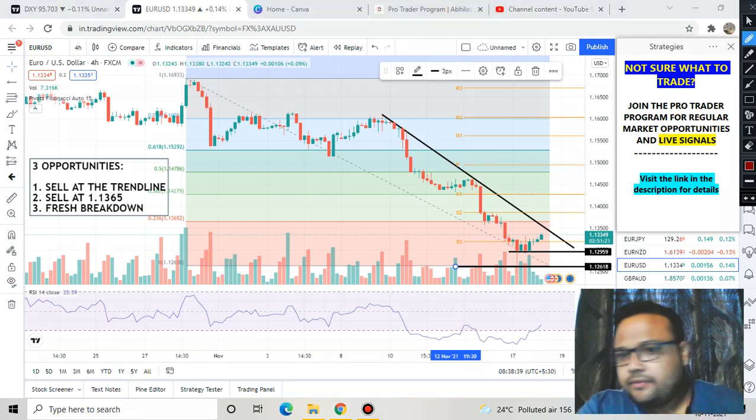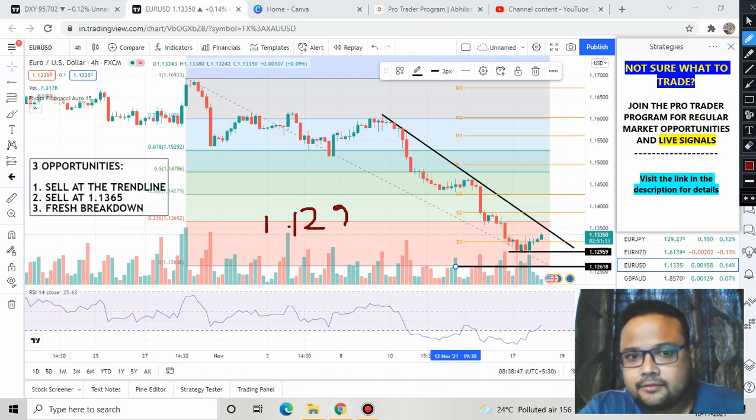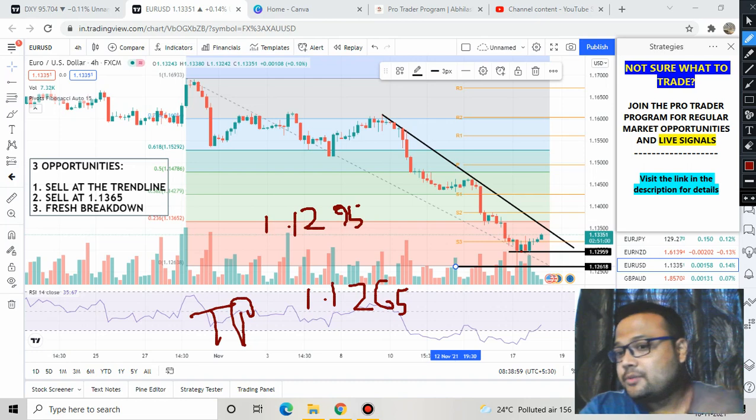If you take a sell position below this level, 1.1295, just keep in mind that you need to exit by 1.1265. This will be your take profit target if you take a sell position below this level.